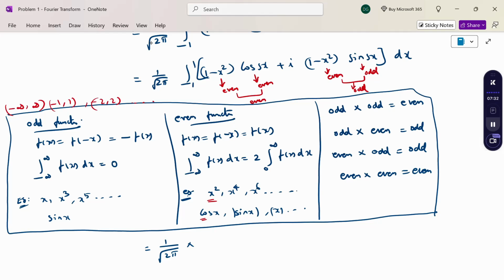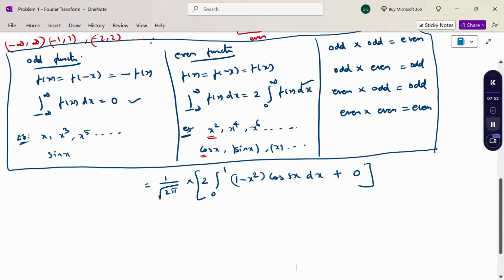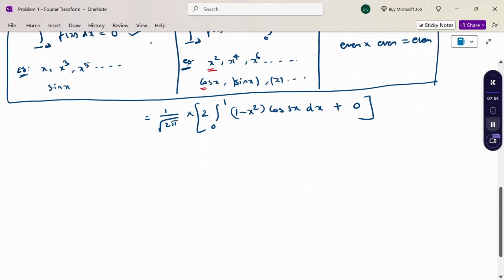Therefore, for the even function, 2 times 0 to 1, 1 minus x square cos sx dx, plus odd function 0. Odd function 0. So this is the only place we applied the odd function, even function. Now the constant to take out, 2 divided by square root of 2 pi, 0 to 1, 1 minus x square cos sx into dx.